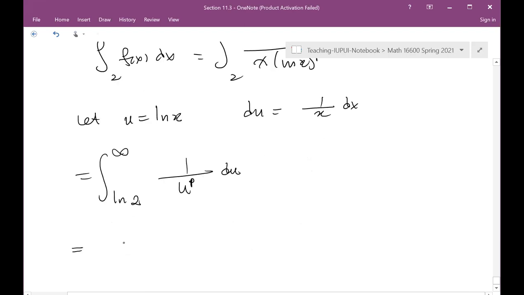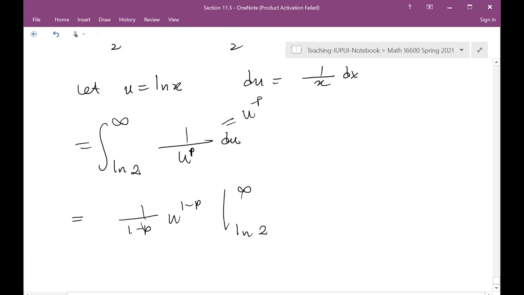The antiderivative of u to the negative p is u to the 1 minus p over 1 minus p. Evaluate at these two endpoints. It depends on the value of p, whether p is greater than 1 or less than 1. This is assuming p is not 1, otherwise it's not going to be u to the 1 minus p.